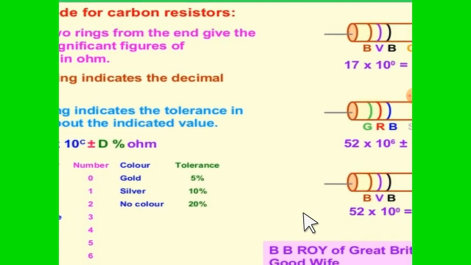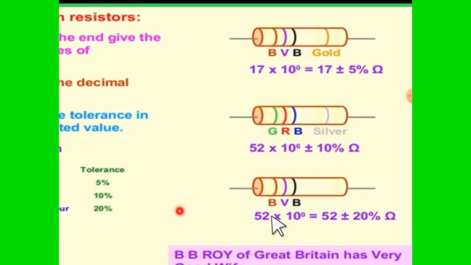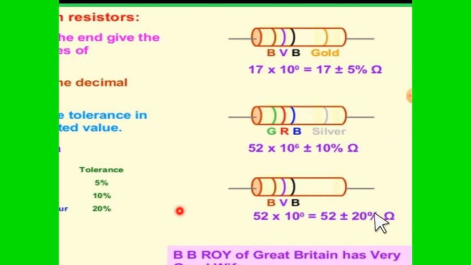With A, B, C and D, you can easily find the value of the given resistor. This was wrong, as I told you; it should be 17 into 10 raised to the power 0, so 17 plus minus 20% ohm.